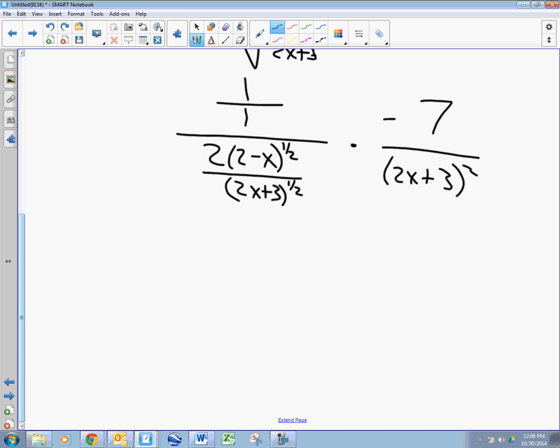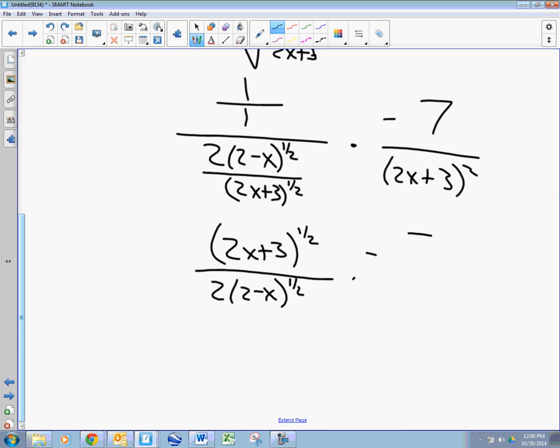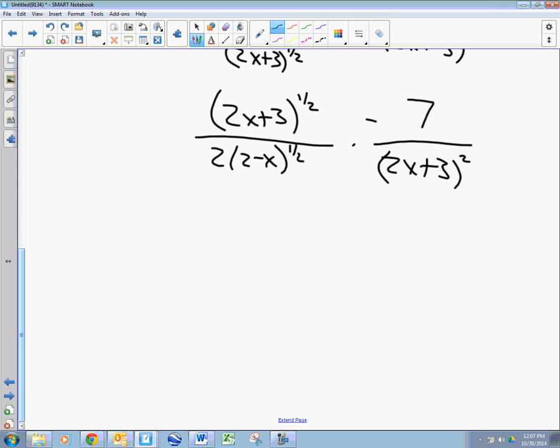In order to simplify that, I multiply by the reciprocal. So that will just give me 2x plus 3 to the 1/2 over 2 times 2 minus x to the 1/2 times negative 7 over 2x plus 3 squared. So what do you notice is going to happen here?